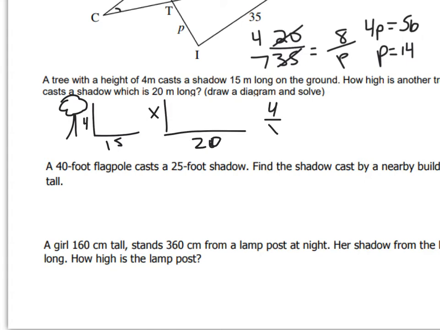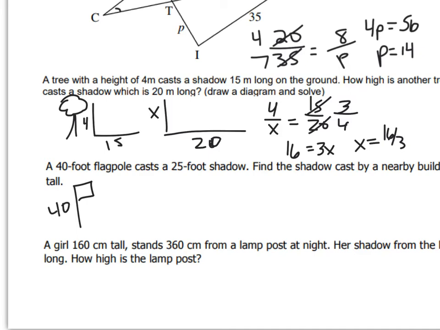So 4 over x equals 15 over 20. So 16 equals 3x. So x equals 16 over 3, which is about 5.3 repeating, I think.